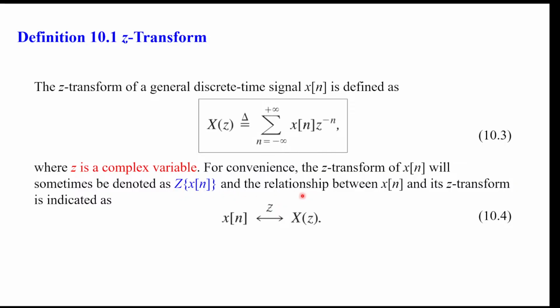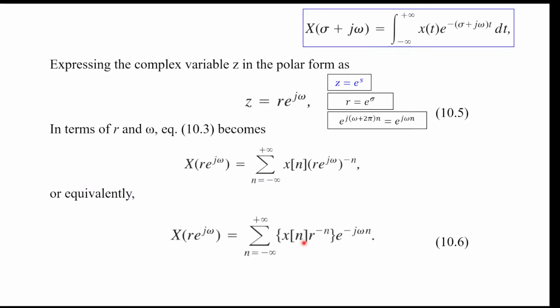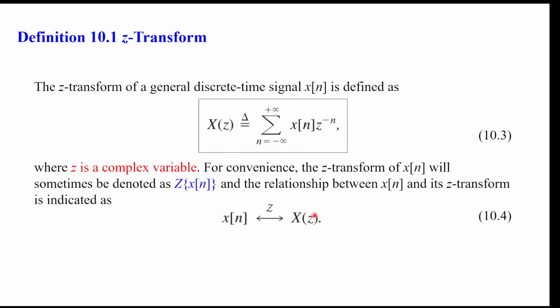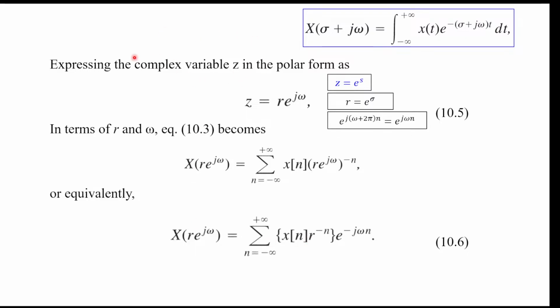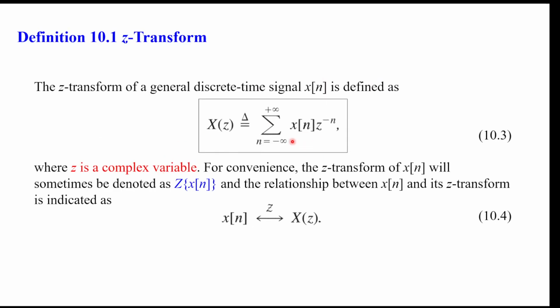By notation, we say this thing is big Z of x of n, and we have a bijection relation, which we write as this. So we have some x of n and its z transform, some big X of z. And now we see this relation to the Fourier transform. As we just did, we can express this small z in polar coordinates as r e to the j omega. Then we see big X of r times e to the j omega. So we express z back into this equation.